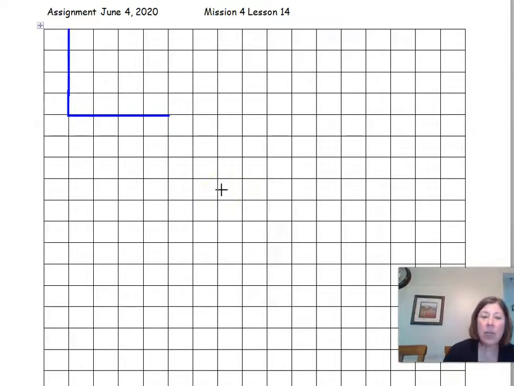So those two sides are equal. And I know that when I do my last side, that is definitely longer. So there is my first example, my right isosceles triangle. A right angle with two sides that are the same length.